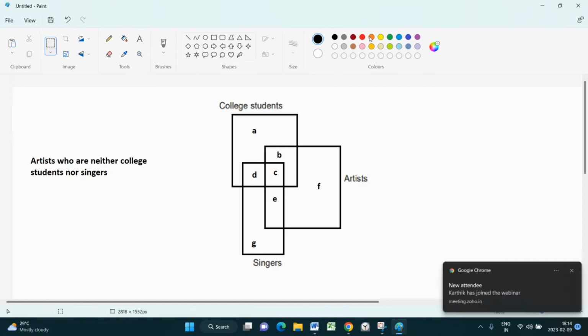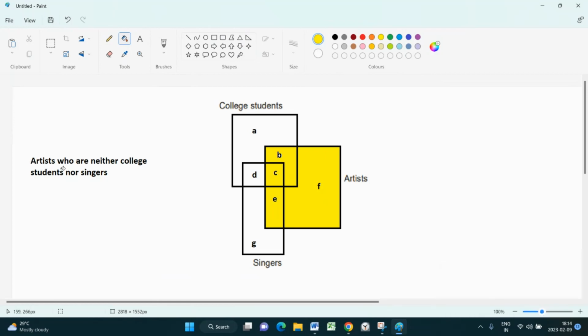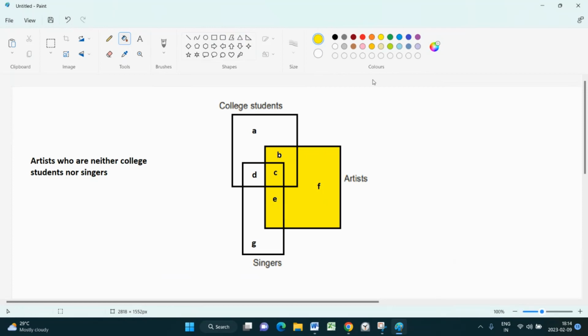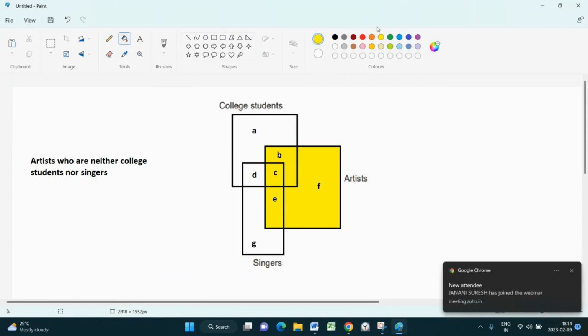I am now going to fill the artists. These are all artists. What am I looking for now? I want to look for artists who are not college students and not singers. Artists who are college students, I am going to fill now.